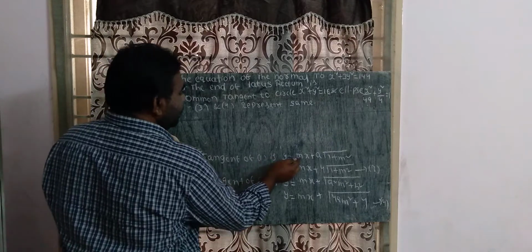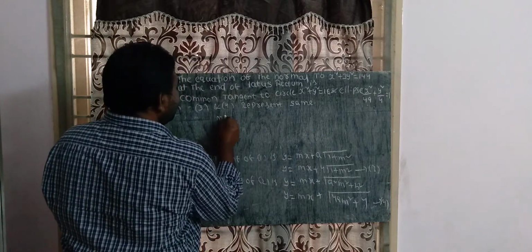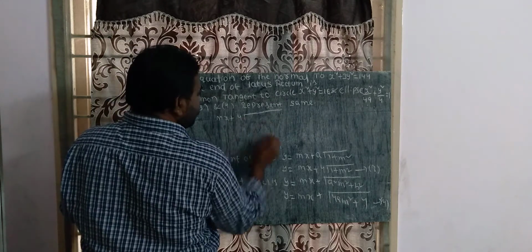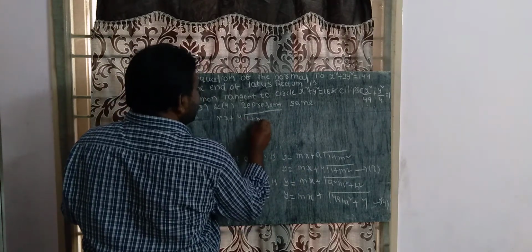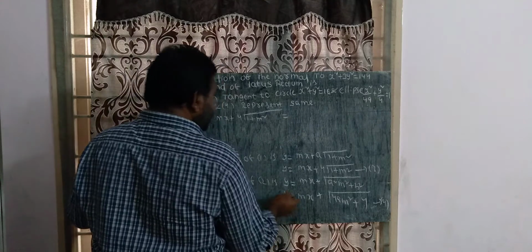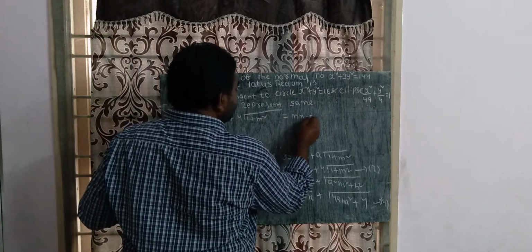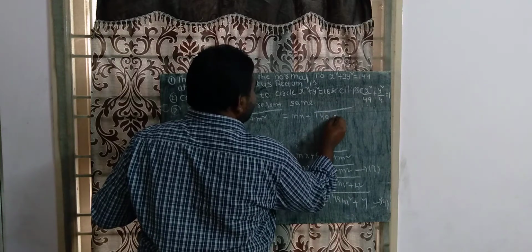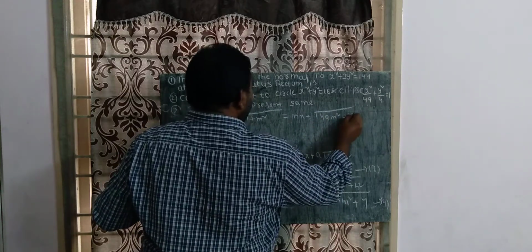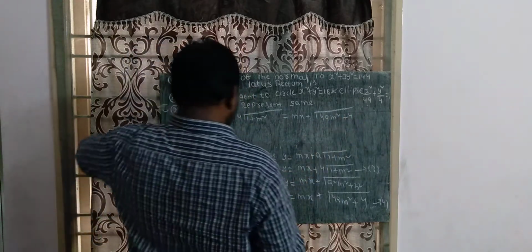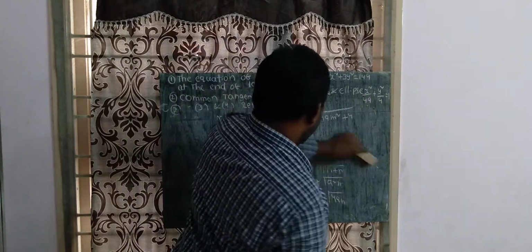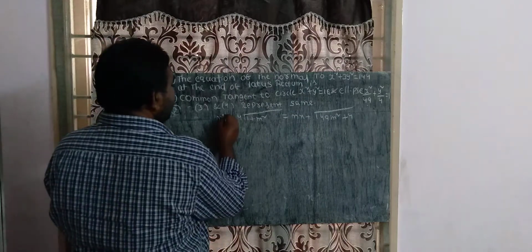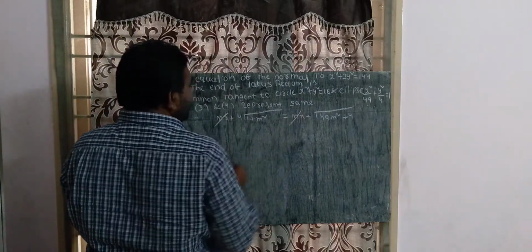So mx plus 4 square root of 1 plus m square is equal to mx plus square root of 49 m square plus 4. Let us cancel mx and mx.